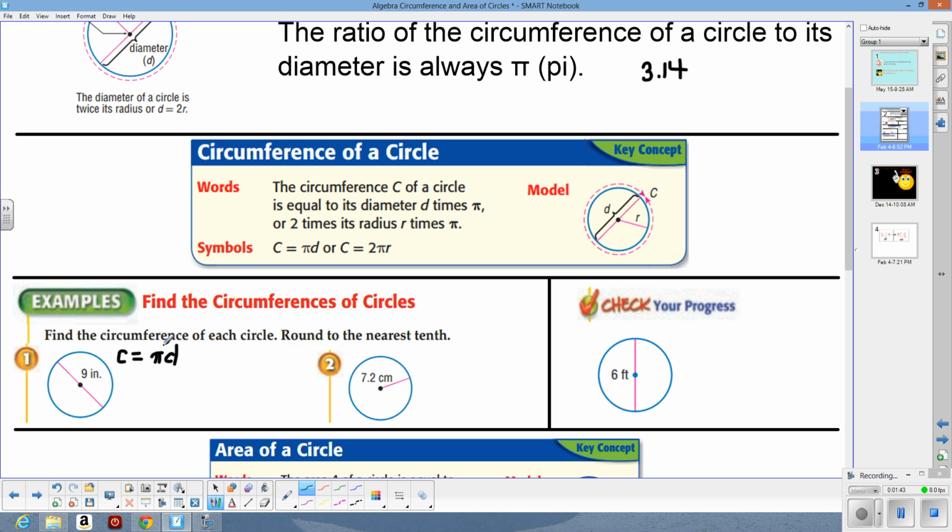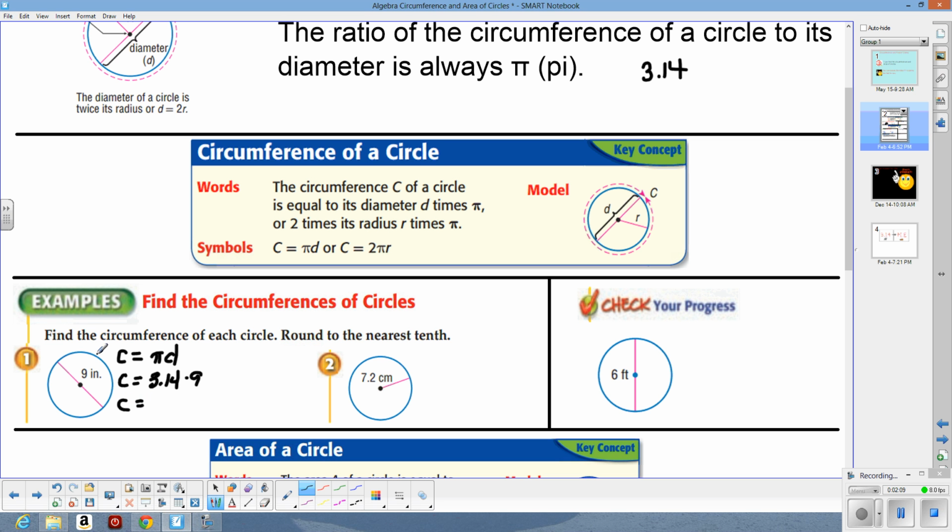However, on the MCAs, it's going to tell you to use 3.14 for pi, so that is what we're going to use on our homework, 3.14. So we're going to write circumference equals 3.14 times the diameter, and the diameter is the distance all the way across, so it's going to be times 9.